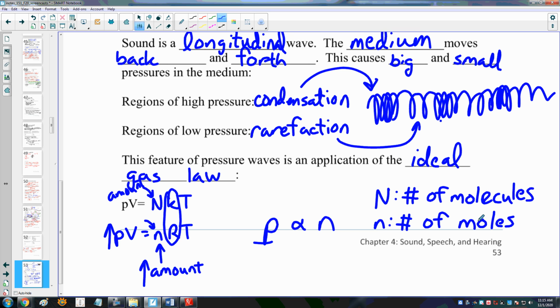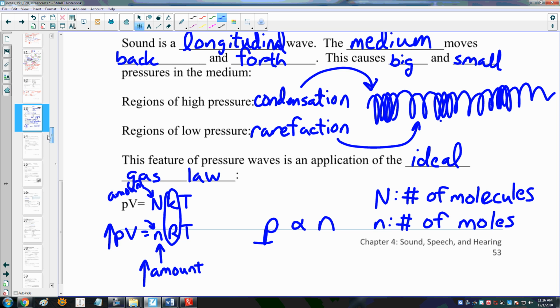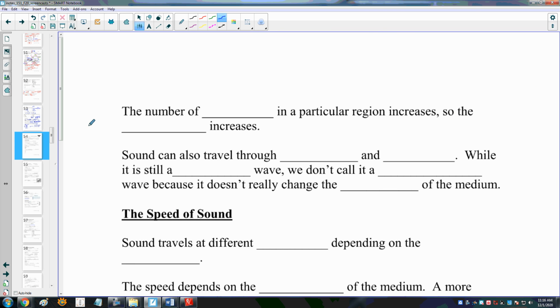So both of them are representing the amount of the gas. If the number of molecules in a particular region increases, molecules or atoms, the number of particles, so the pressure increases. A direct proportionality between N and P.